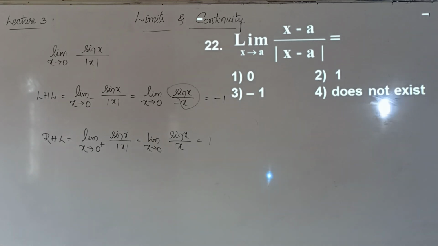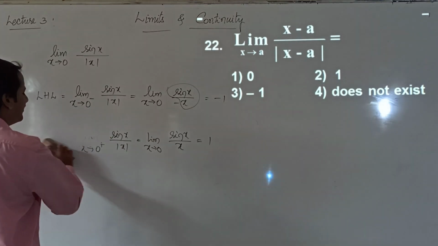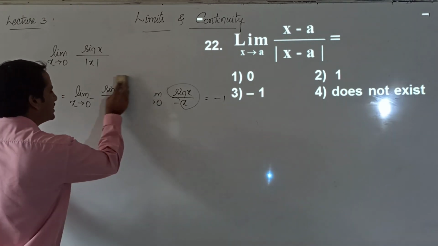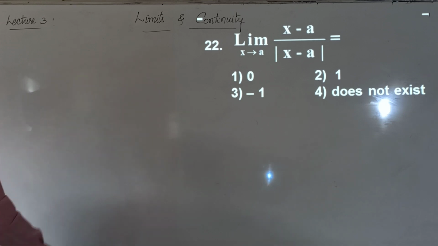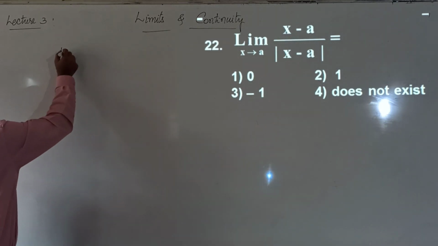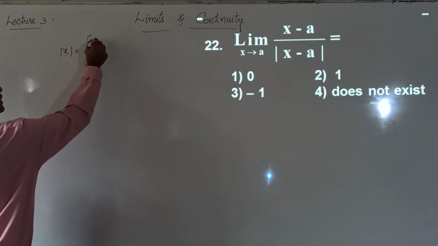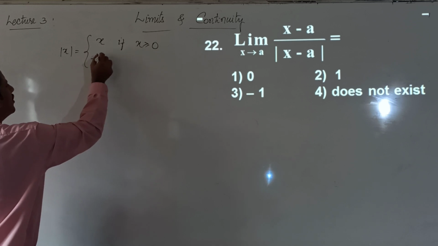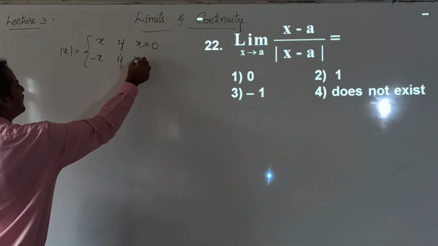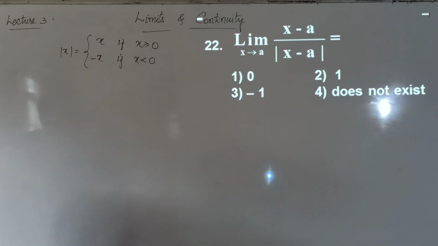Then 22nd question, limit x tends to a, x minus a divided by modulus of x minus a. Again this limit also does not exist. Why does it not exist? Because mod x is defined as x if x is greater than or equal to 0 and minus x if x is less than 0.